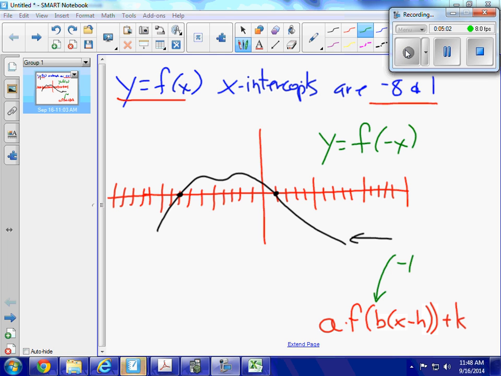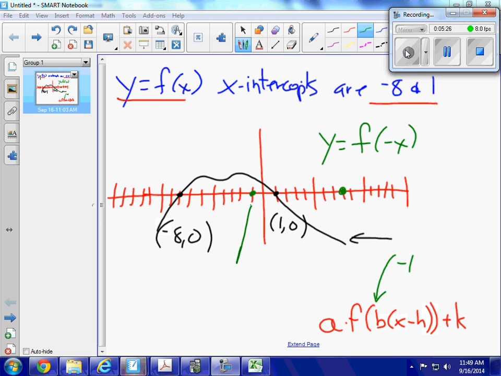Well, this point over here was the point 1, 0, and this was the point -8, 0. So my x value is going to change from -8 to +8, and my other x-intercept is going to change from 1 to -1.